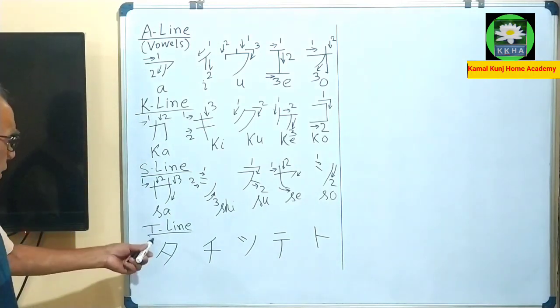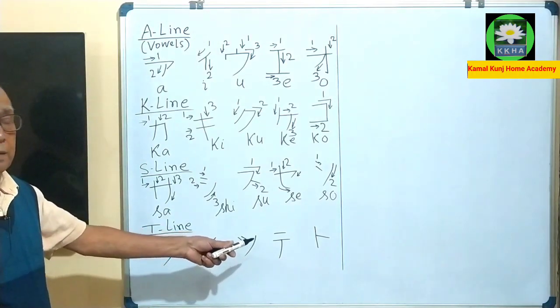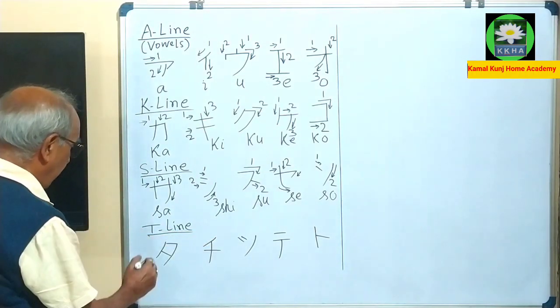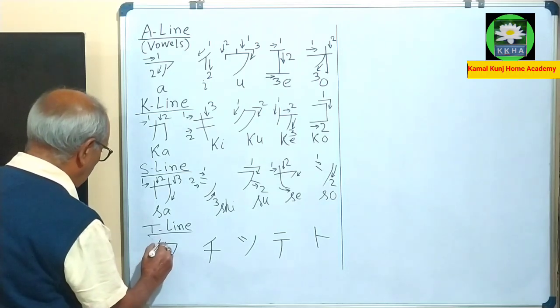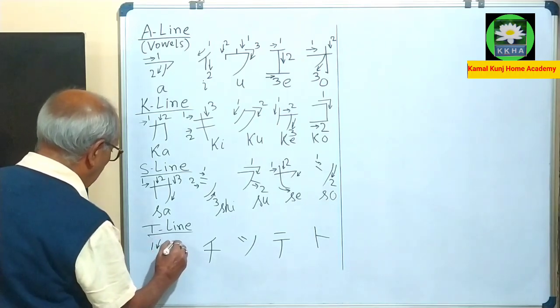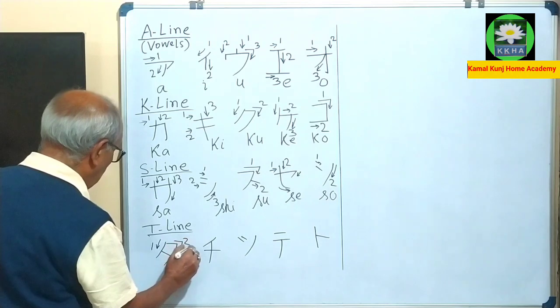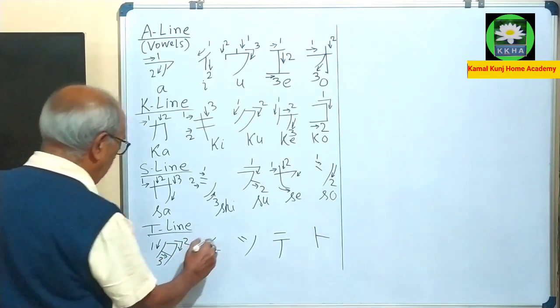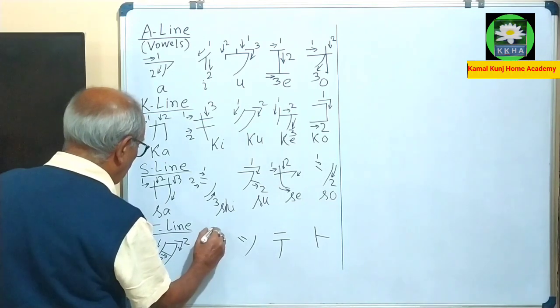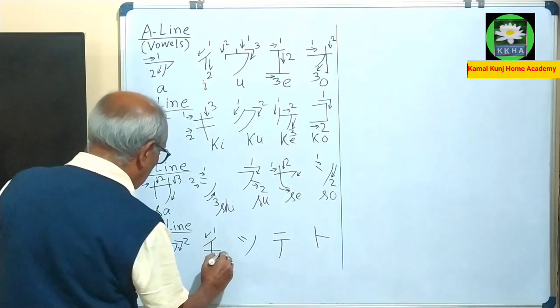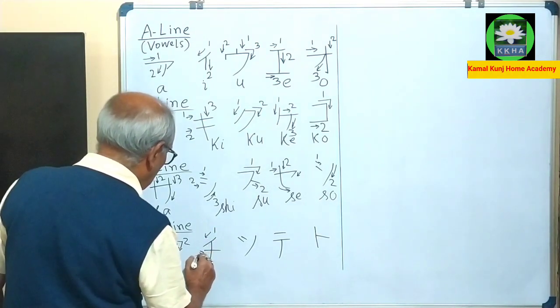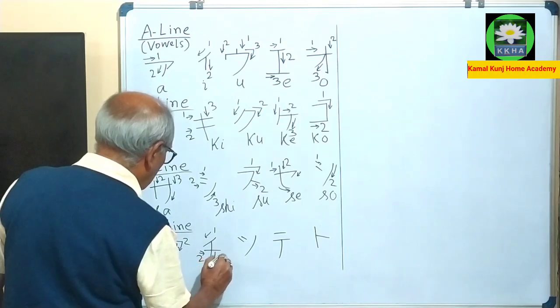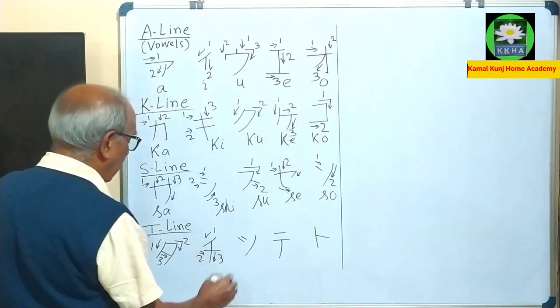These are T line katakana. Stroke order are stroke number 1, stroke number 2, and stroke number 3. Here stroke number 1, stroke number 2, and stroke number 3.